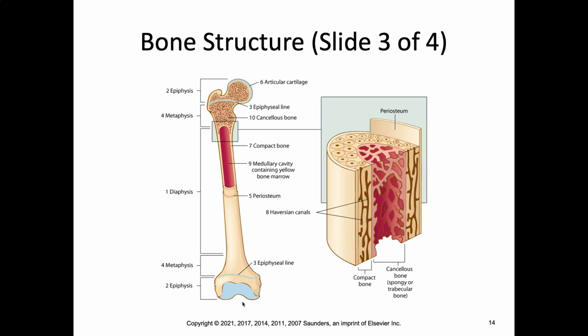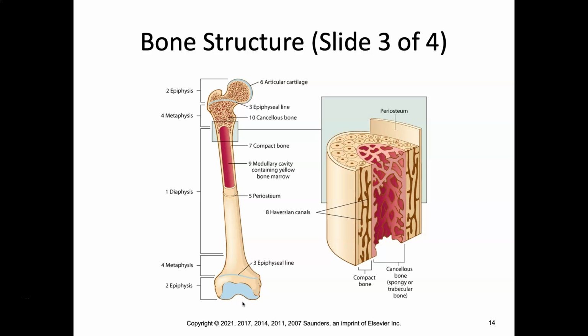This is a really good graphic to show us exactly what that looks like. It shows you all the different types of things that you would run into. The medullary cavity is where your bone marrow is kept.